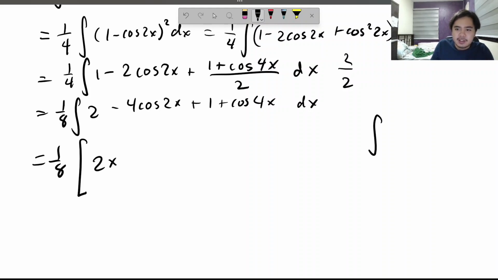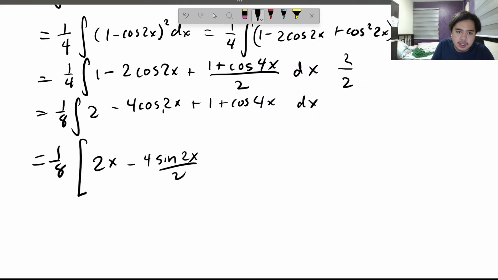Again, the integral of dx is equal to x plus c. I don't need to repeat that anymore, but yeah. The integral of dx, if you put a constant here like 2 dx, this becomes 2x plus c. So don't get confused. So 2x minus 4, and then the integral of cosine is positive sine, so sine 2x over 2.